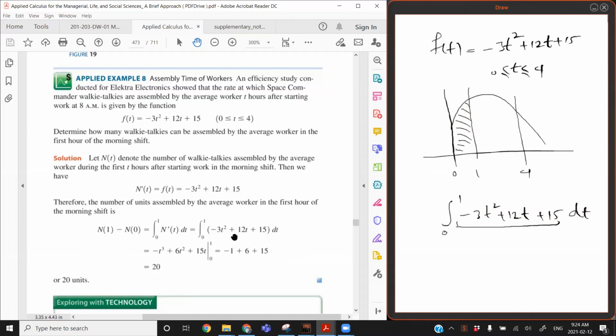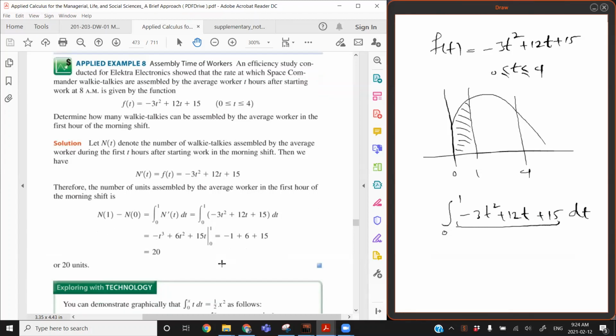And it's a very easy definite integral to solve. You just find the antiderivative, evaluate that at 1, evaluate that at 0, and this will give you the answer. So the average worker will assemble 20 of these walkie-talkies within the first hour.